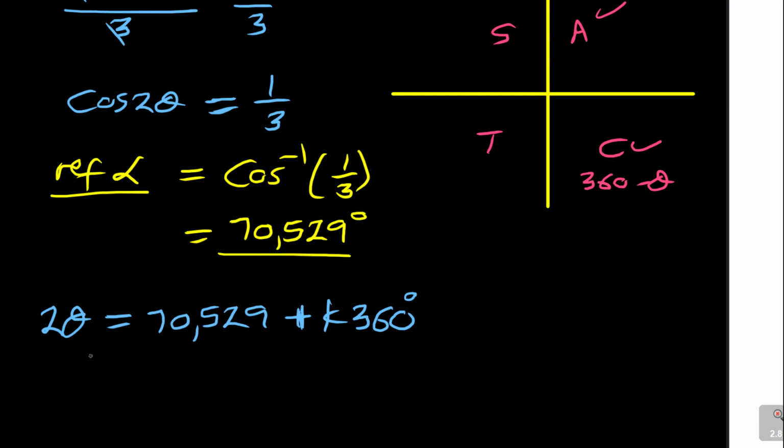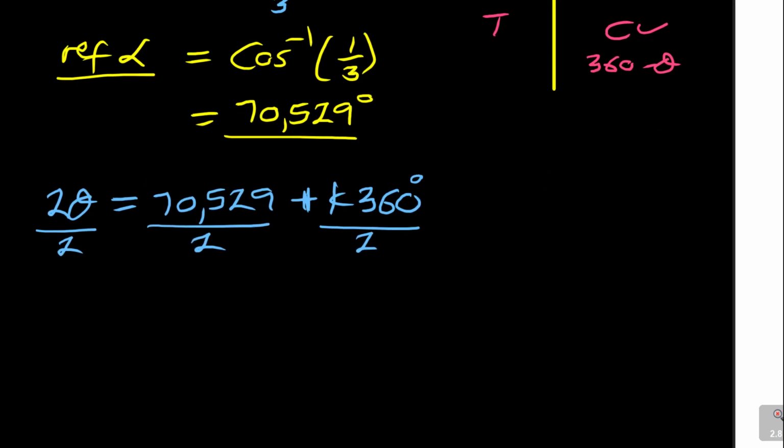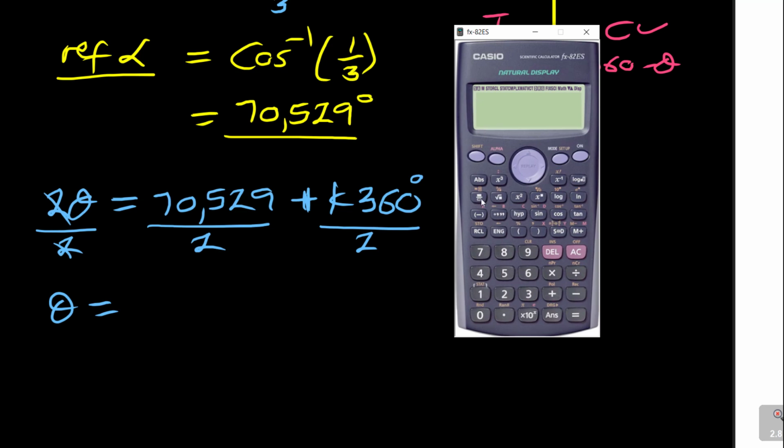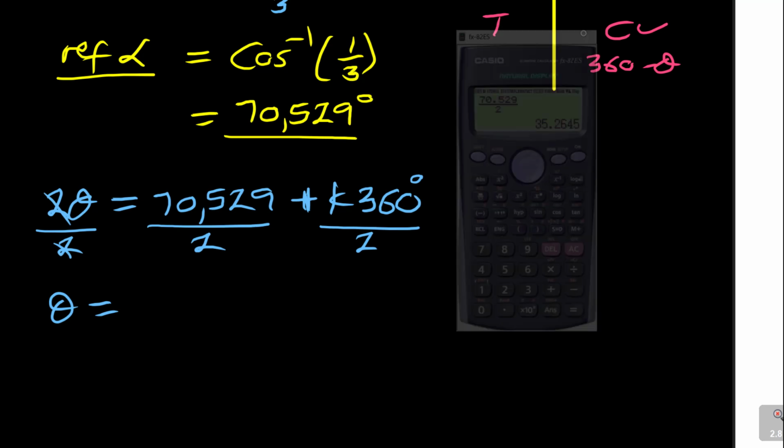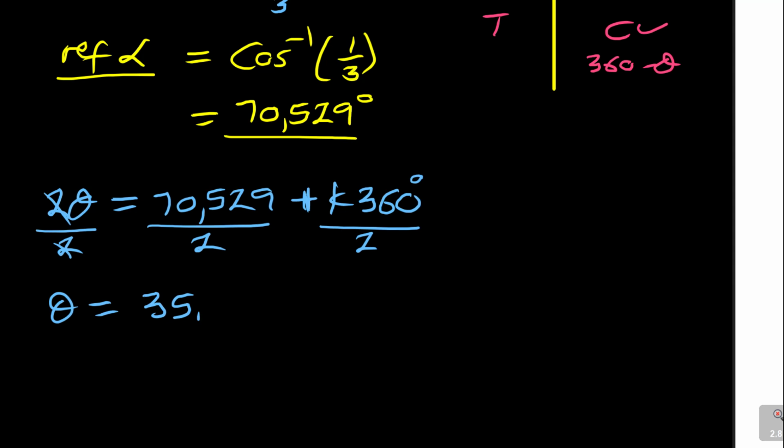And then when we find the answer there, we divide by 2, so that you can have theta is equal to 70.529 over 2, which is 35.264 plus k 180 degrees.